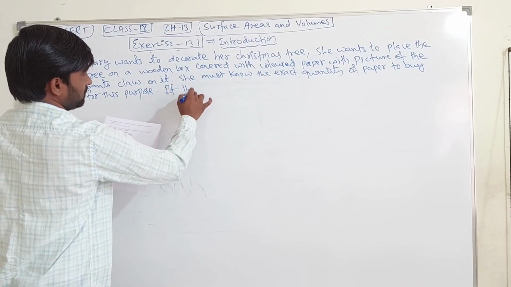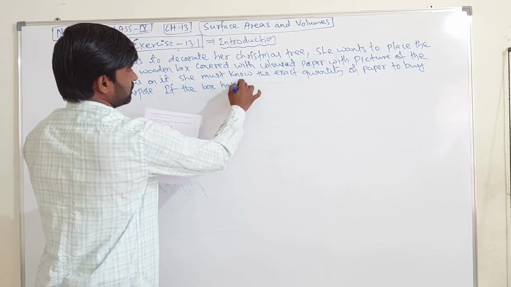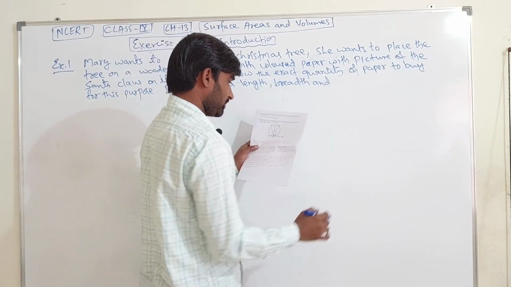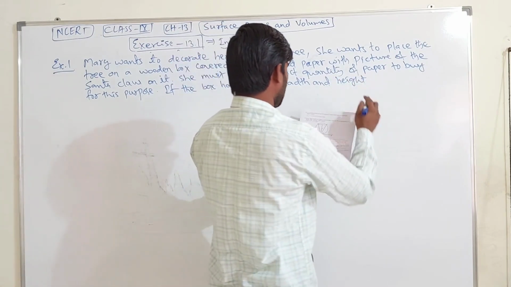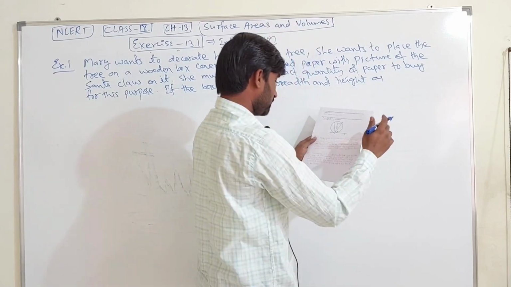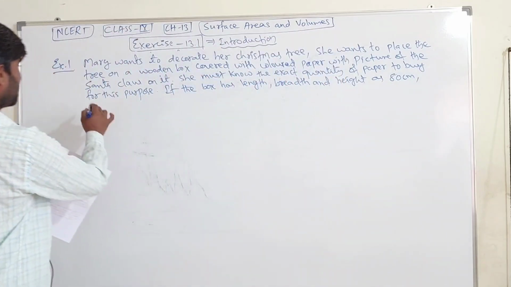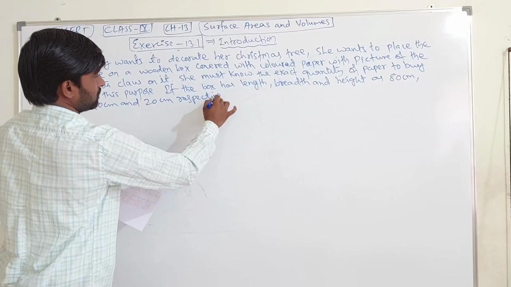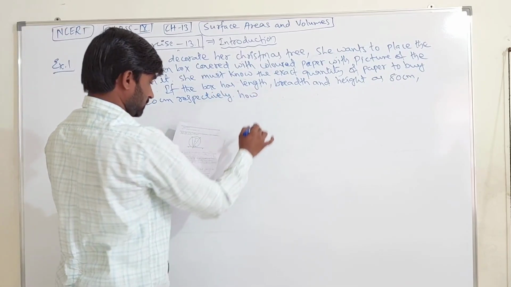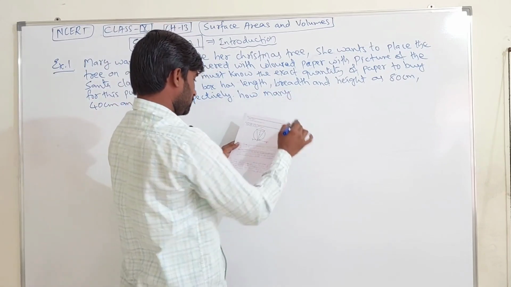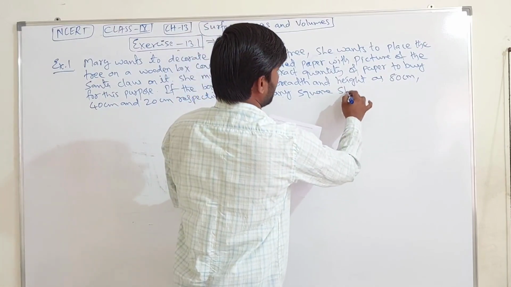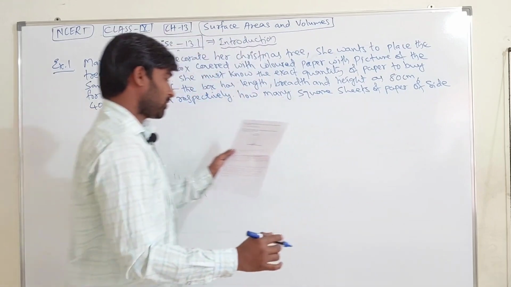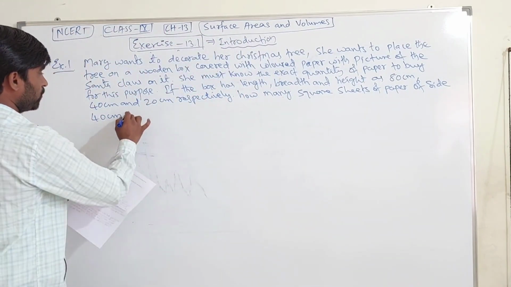If the box has length, breadth and height respectively 80 centimeter, 40 centimeter and 20 centimeter respectively, how many square sheets of paper of side 40 centimeter would she require?